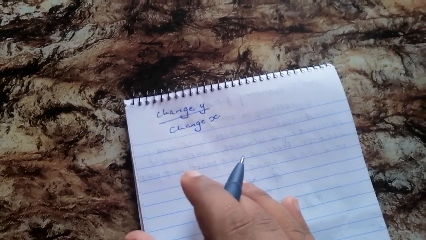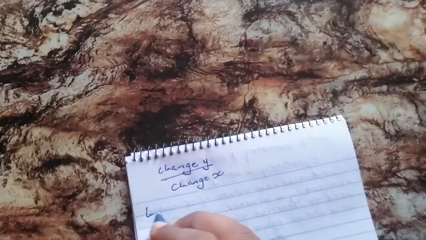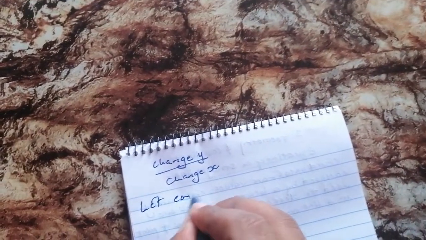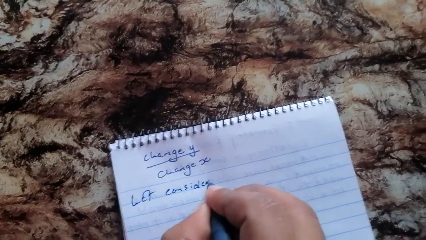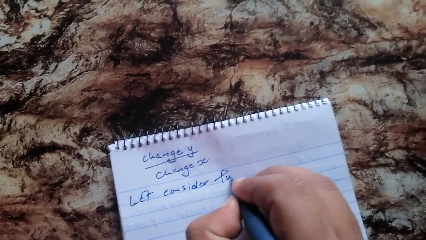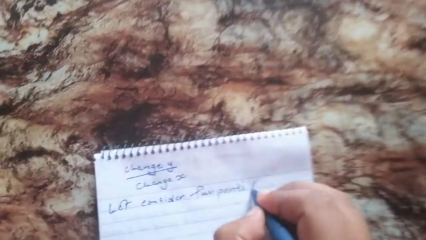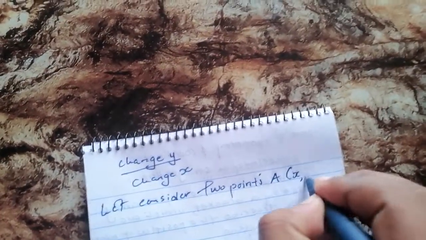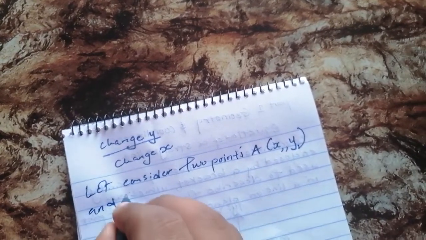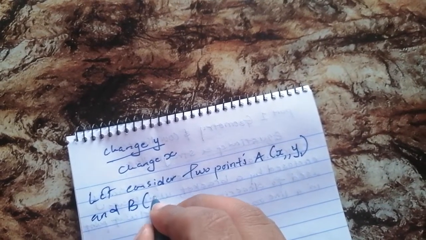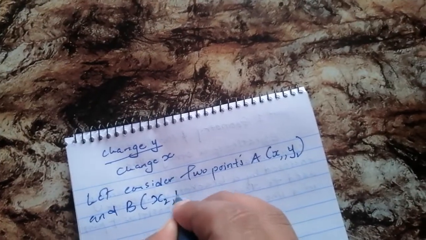Let's consider two points. Let's say point A has coordinate x1, y1, and point B has coordinate x2, y2.